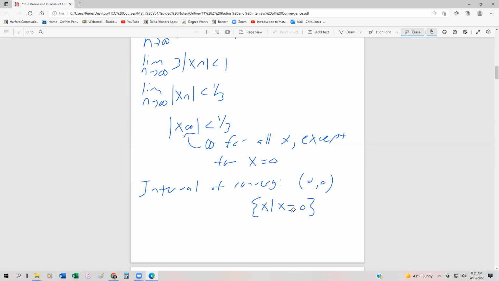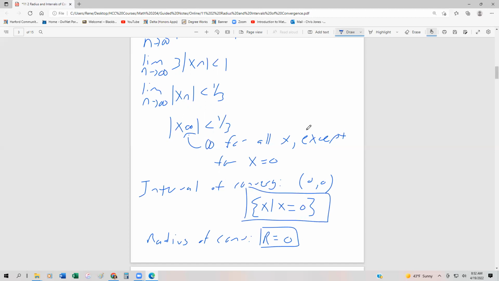This is probably the way MyMathLab wants you to do it. The radius of convergence: the distance from 0 to 0 is 0. So the radius of convergence for this one is r equals 0. That's our interval and radius of convergence for this one.